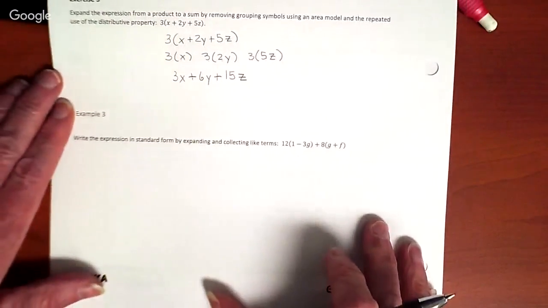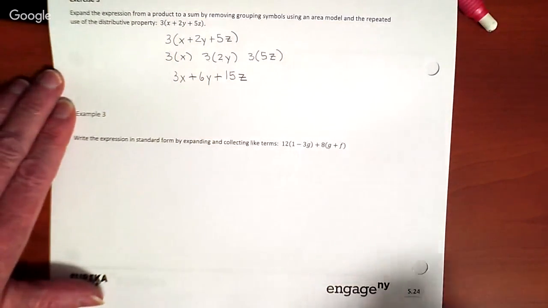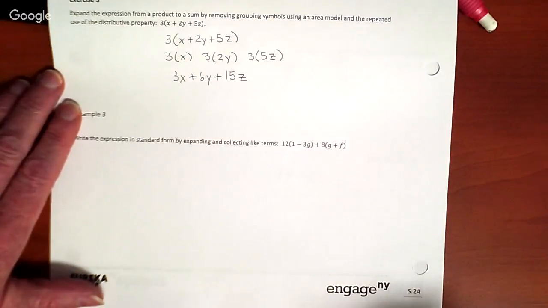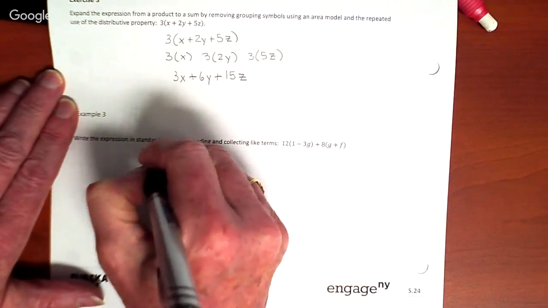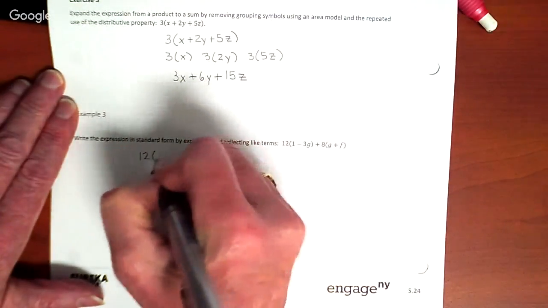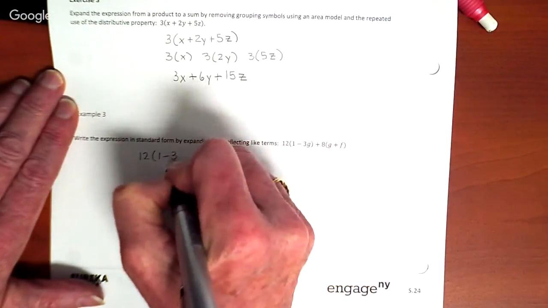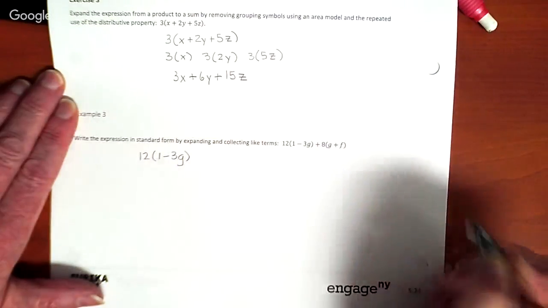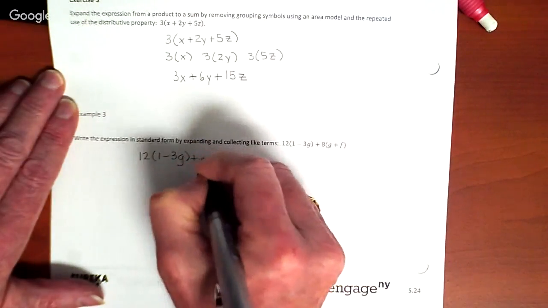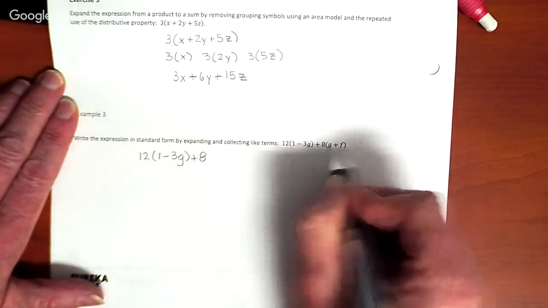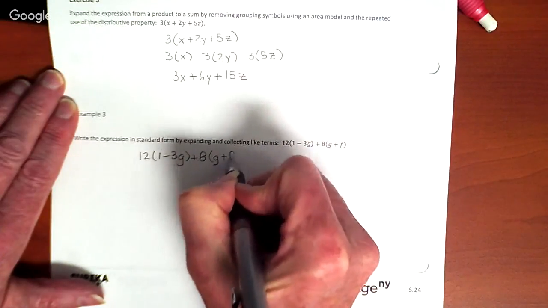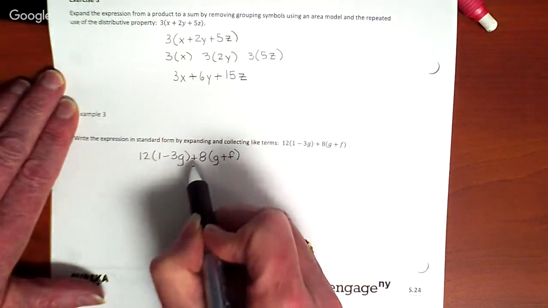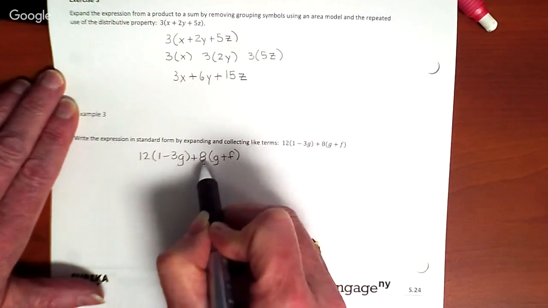Our next one, we are going to be expanding it and then collecting our like terms. So here I have 12 times the quantity 1 minus 3g, plus 8 times g plus f. Now remember, for this, the sign's going to go with the number.